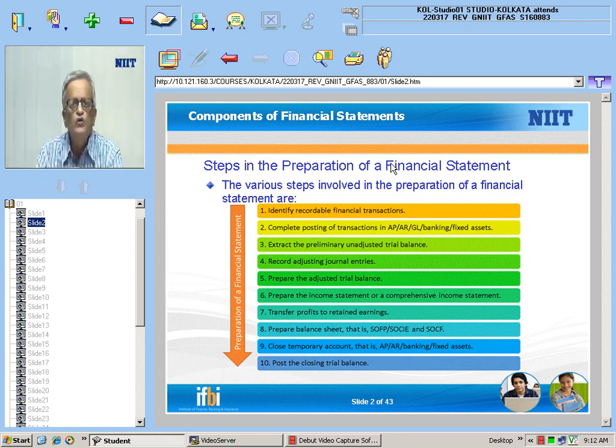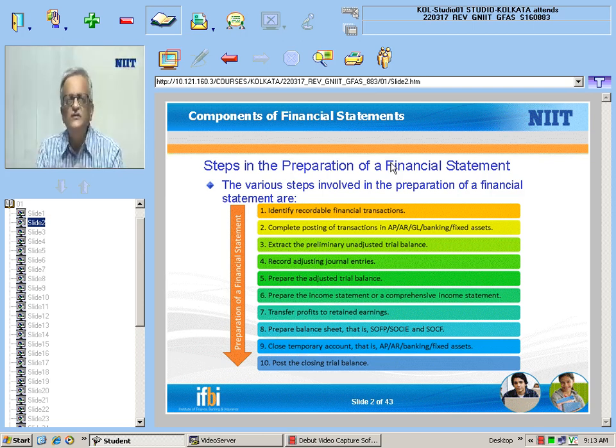Number 9, close temporary accounts. Temporary accounts are mainly the income and expense accounts, revenue and expense. So these have to be closed. That is very important. And number 10, post the closing trial balance.